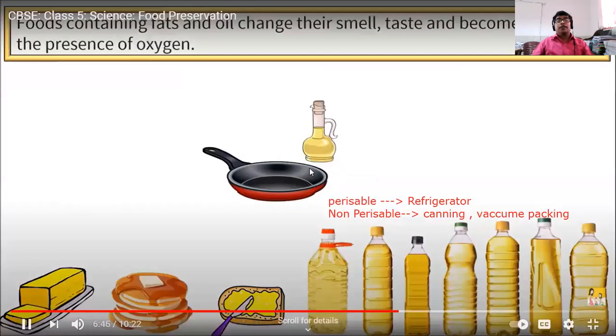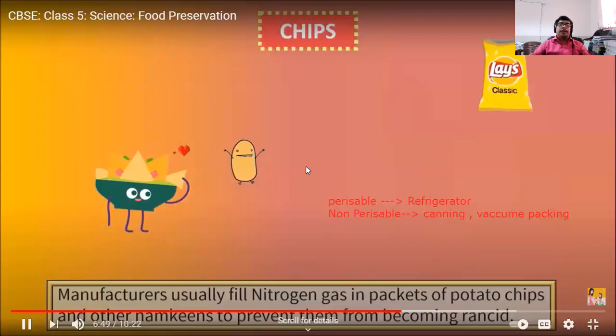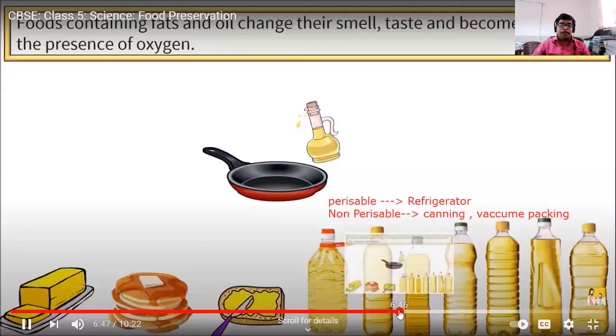देखो यहाँ पर food containing fat change their smell. ये बहुत ही important है. ये ध्यान दो. और जो लोग लेज और कुरकुरे खाते हैं, ये उनके लिए ध्यान देने का चीज है. लेज और कुरकुरे या फिर जो भी चिप्स, तो नाम भी आ रहा है यहाँ पर.